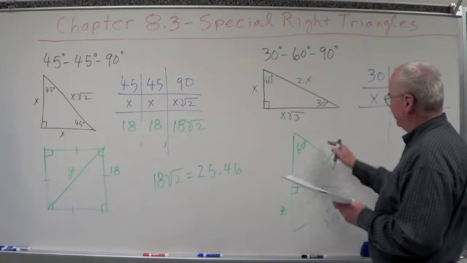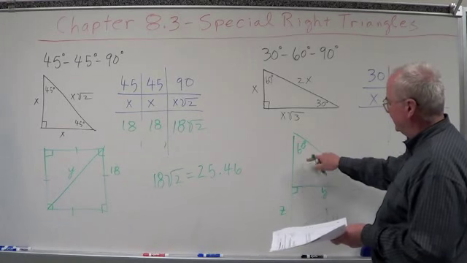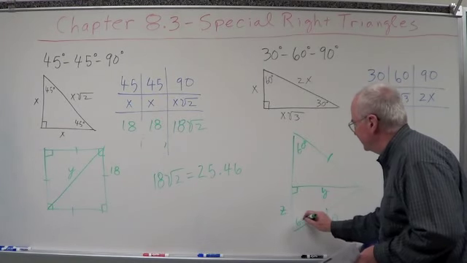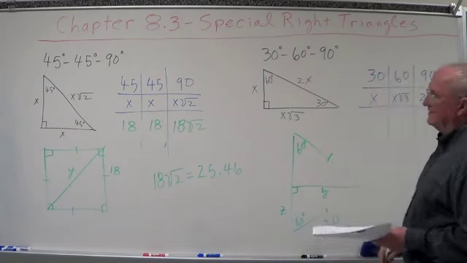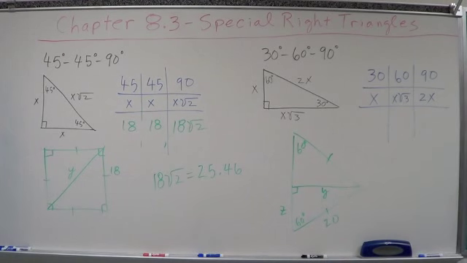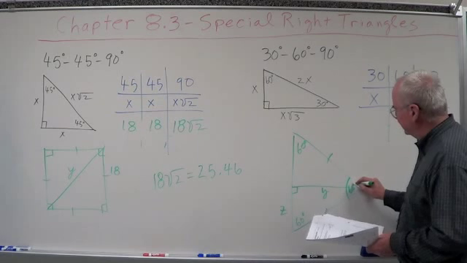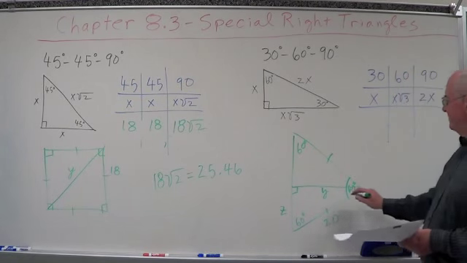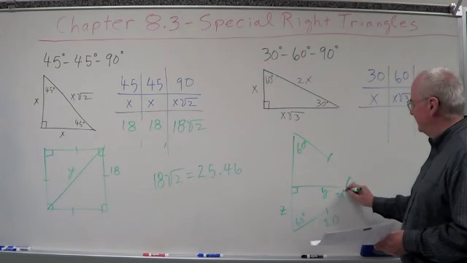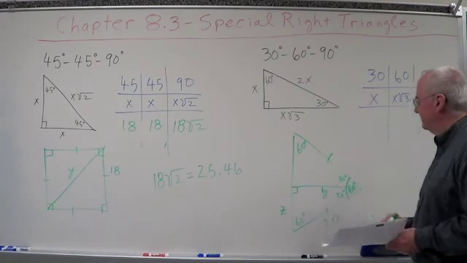And I know that this equals this. Well, if this is 60 degrees, I know this is 60 degrees. If those two are 60, let me see, 180 minus 120 is 60. So I know that this whole angle is 60 degrees. Oh, guess what? This right here is 30 degrees, and this is 30 degrees.